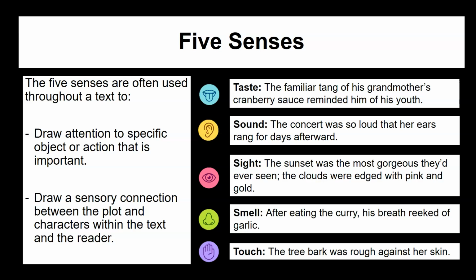So we might say the familiar tang of his grandmother's cranberry sauce reminded him of his youth. Or we might refer to sound. So the concert was so loud that her ears rang for days afterward. Sight. The sunset was the most gorgeous they'd ever seen. The clouds were edged with pink and gold. Smell. After eating the curry, his breath reeked of garlic. Or touch. The tree bark was rough against her skin.